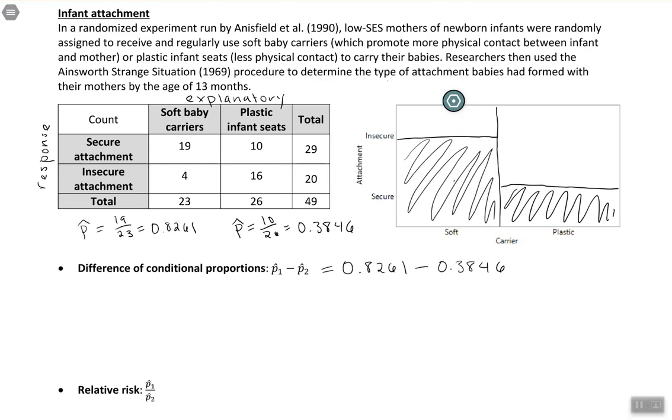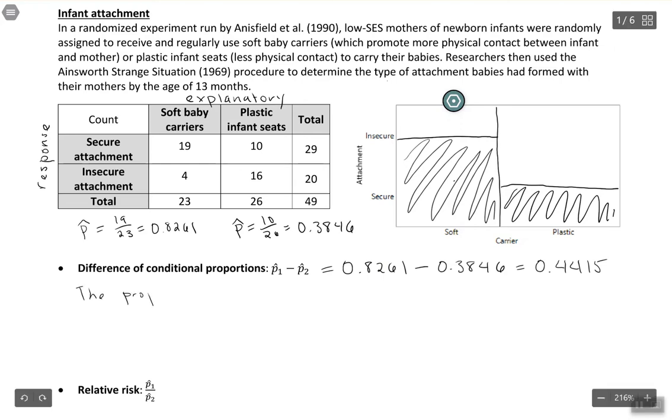What's the proportion of secure attachment under the condition that the baby was in a soft carrier? What's the proportion under the condition that they were in a plastic carrier? Okay, so we're taking the difference of those conditional proportions, and we get 0.4415 as our difference.